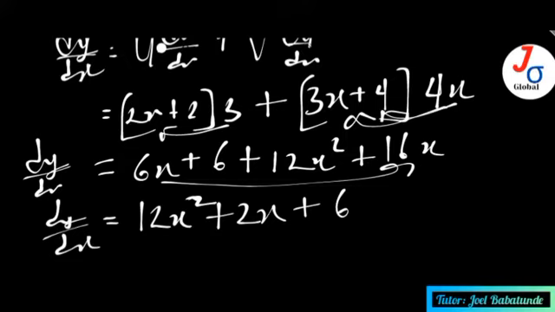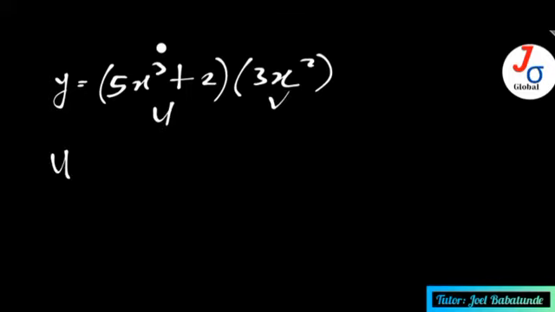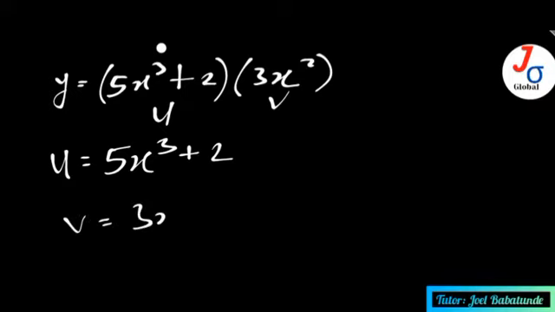Okay, so let's take another example. Looking at this function, this is a product of functions. So I'll just let this be u and let this be v. So my u now becomes 5x cubed plus 2, and I have v equals 3x squared.